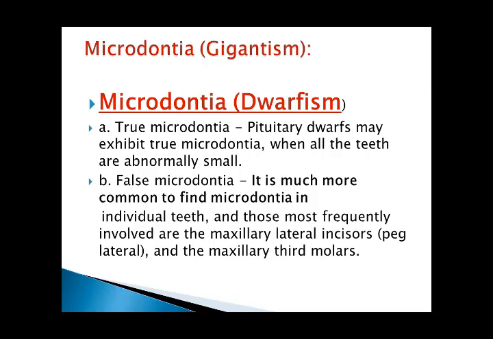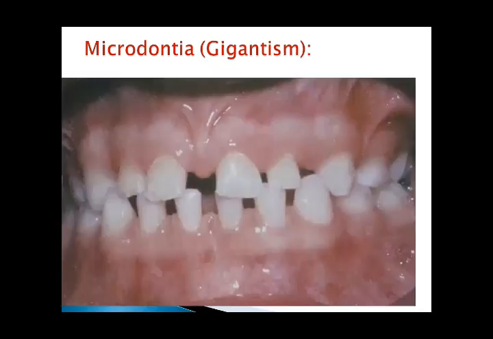Macro means large, micro means small. False microdontia: it is much more common to find microdontia in individual teeth, and those most frequently involved are the maxillary lateral incisor, peg lateral, and the maxillary third molar. Microdontia.